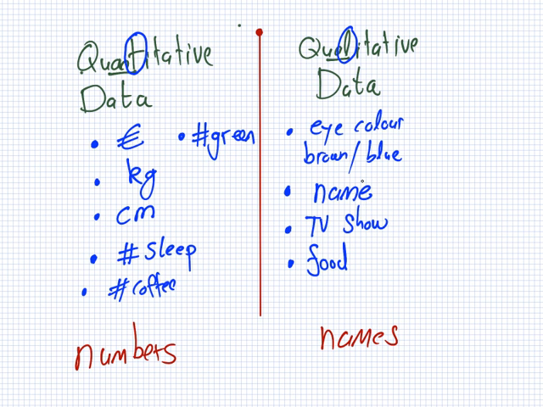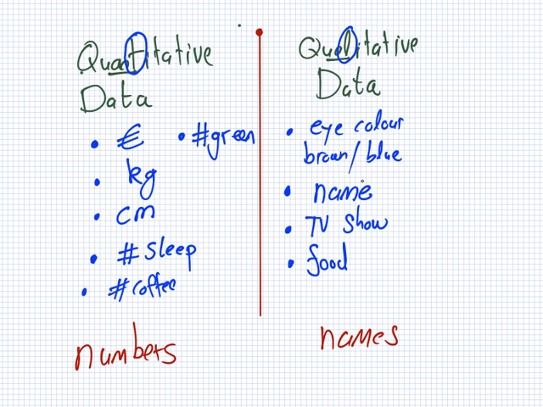So, let's say I'm collecting some data and I ask everybody their age. How old are you? Which is this? Quantitative, yeah. Then I ask everybody, what's your favourite coffee drink? Qualitative. Then how tall are you?